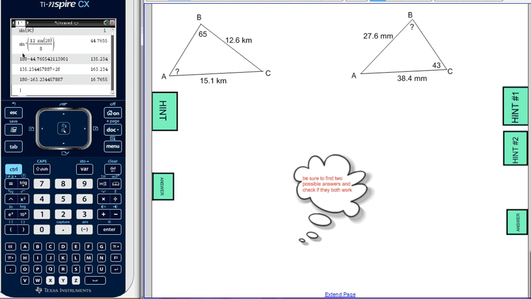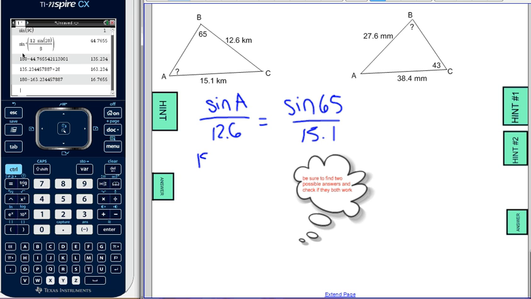Okay, more examples like that with less explanation, and hopefully we can just go through the steps. Here we're going to set up the sine rule. So sine of A over 12.6 is going to equal sine of 65 over 15.1.